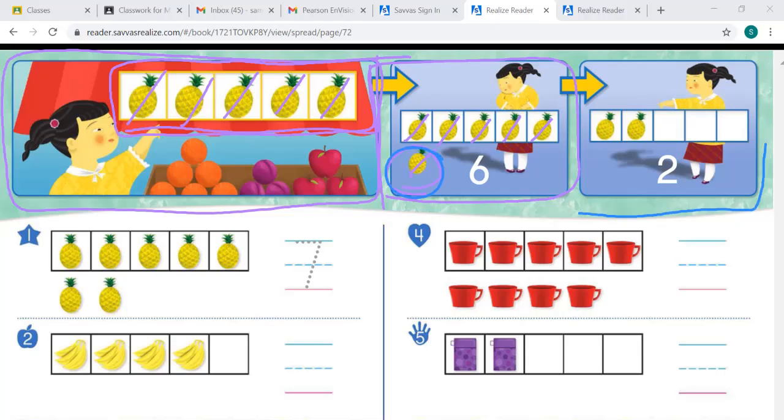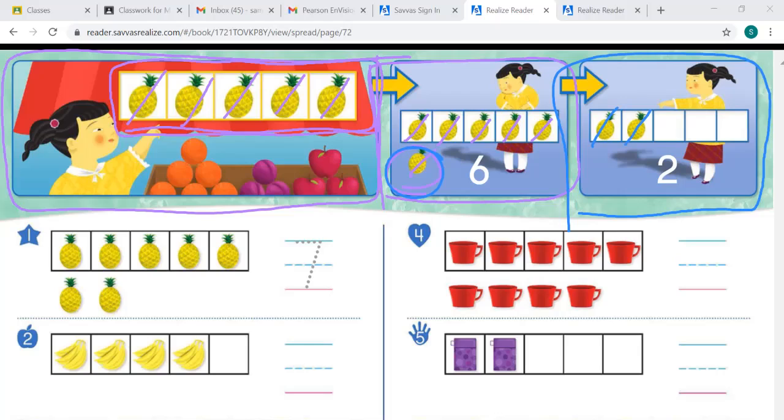Let's look over here in this last box. How many pineapples are there now? Let's count them. 1, 2. There's 2 pineapples. Is 2 greater than 5 or less than 5? Less than 5. How do you know?